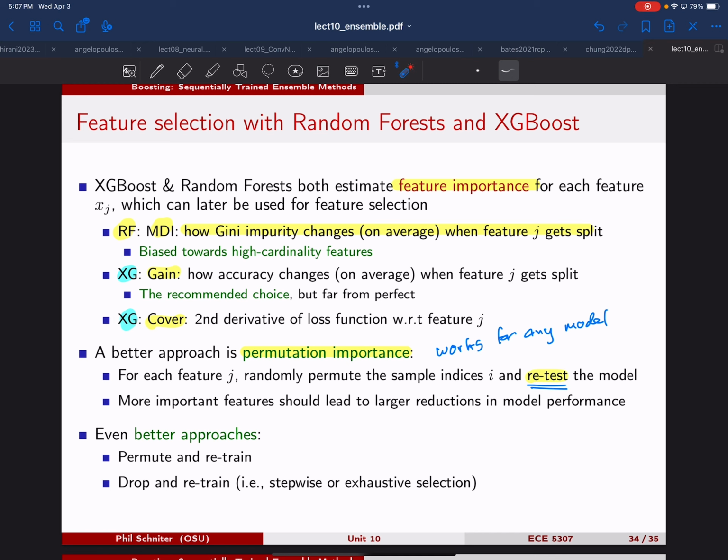It's just a matter of how you do it. So the moral of the story is that if you really want to do feature selection well, you want to use the methods from Unit 4. Let's say with trees, you can't use lasso with trees, so you're going to have to use stepwise or exhaustive selection. If you want a quick solution where you don't have to retrain anything, you can use these, and that will give you a rough indication of how important the different features are.